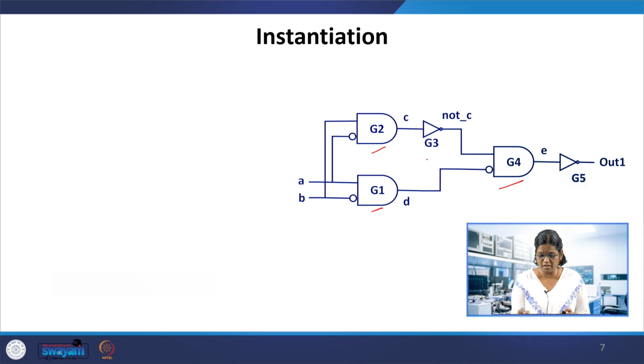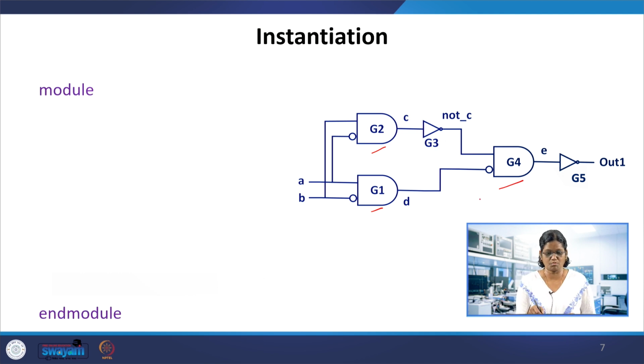So to write a Verilog structural module for this circuit, can I instantiate that previous inhibit module in the Verilog code which I am going to write for this circuit? I am going to call that module inside this module. So how am I going to instantiate it here?